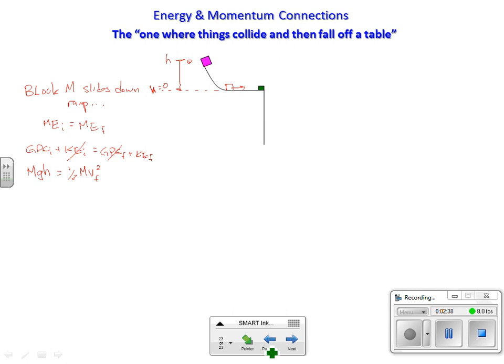Well, we're used to this. I hope we get rid of these m's. And we say that the block big M at the bottom of that, as it slides right here, has a speed square root of 2gh. So that's phenomenon one.